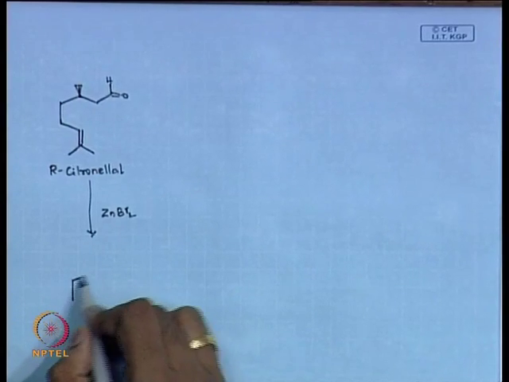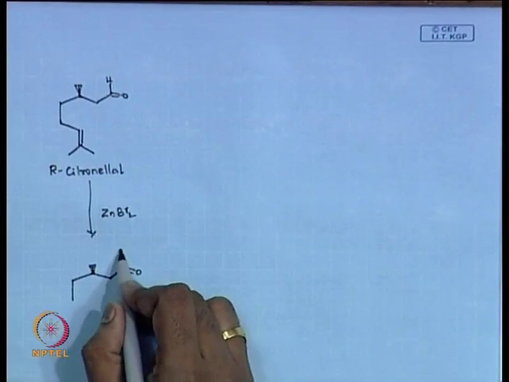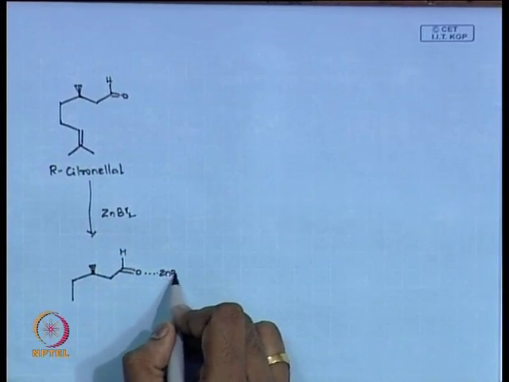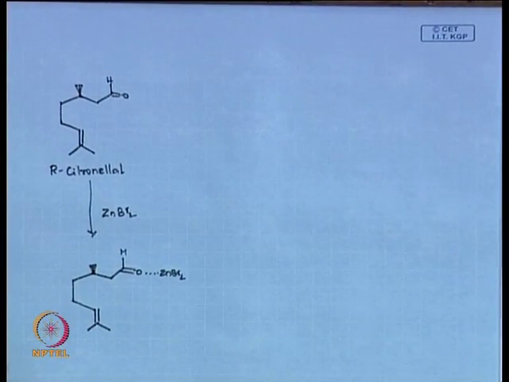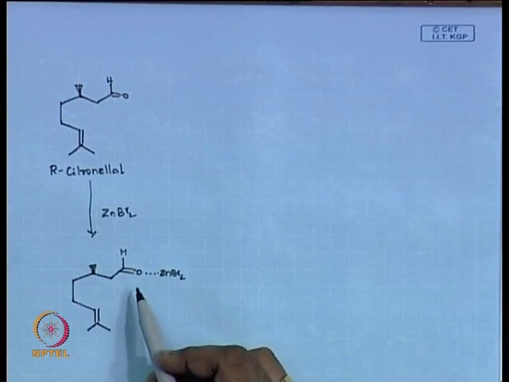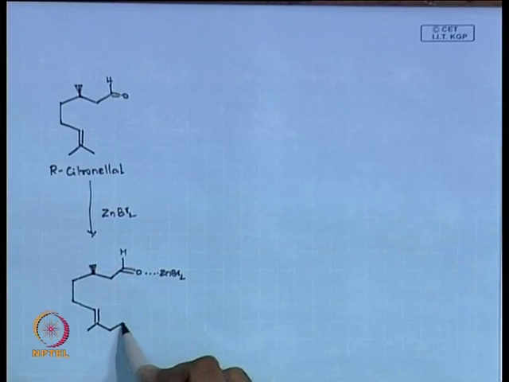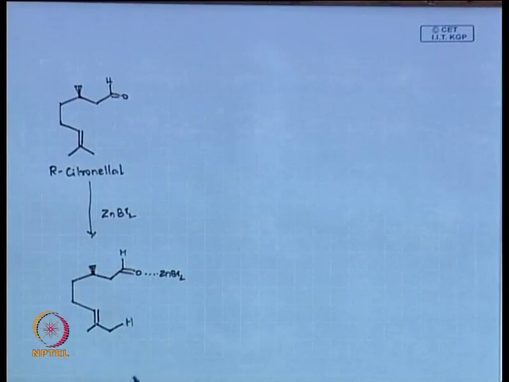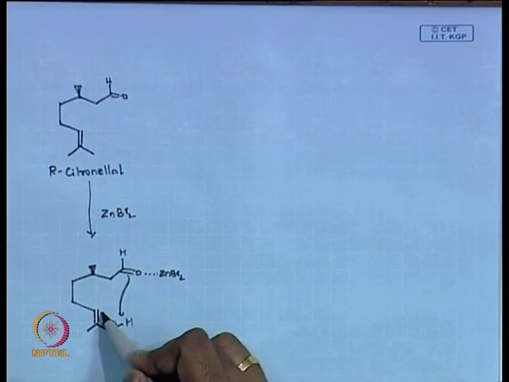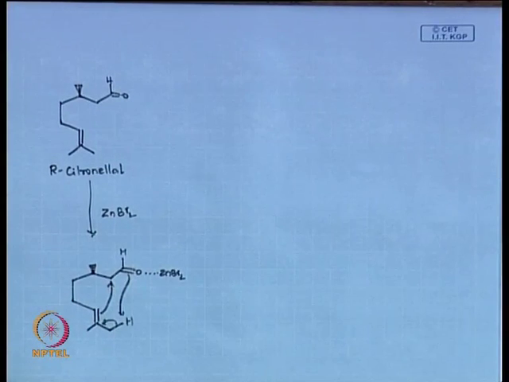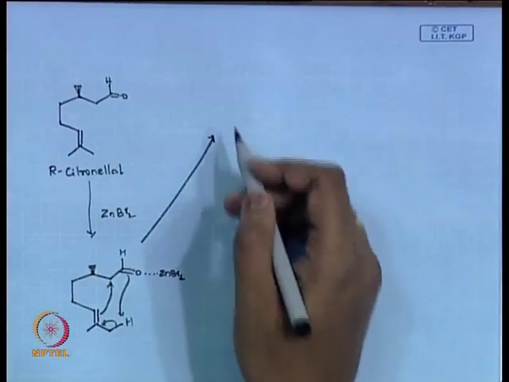So, I can write that step, ZnBr2. See, after this I can do my ene, because I have my allylic hydrogen here. So, what happens, I can take this and cyclize, right, to get me my isopulegol.